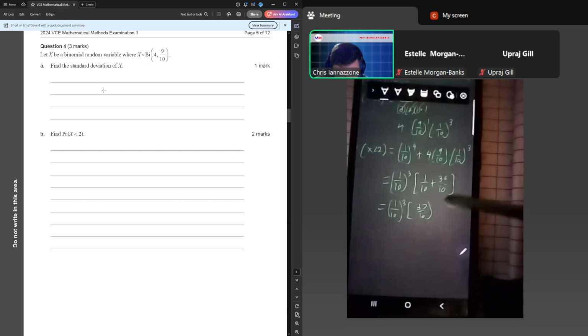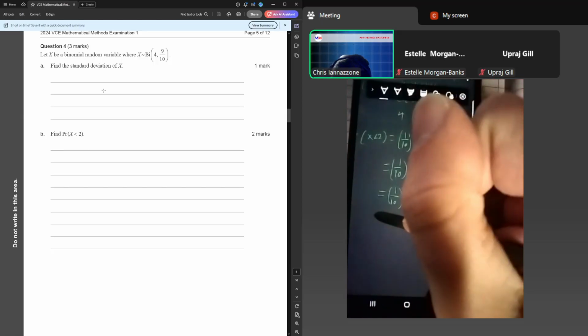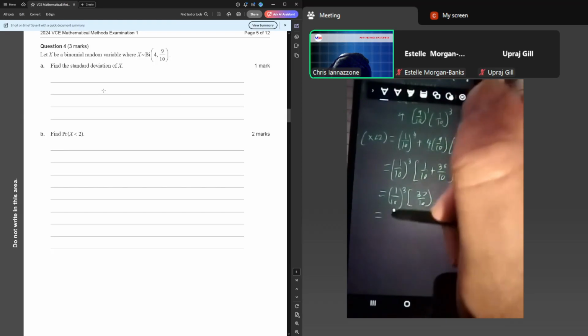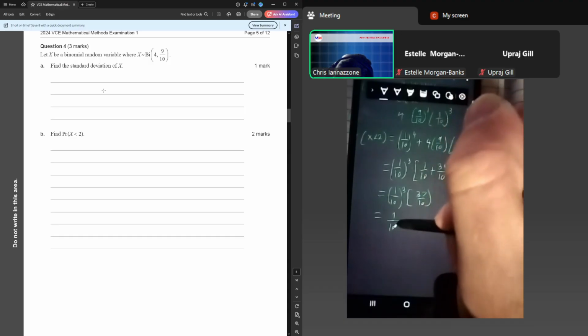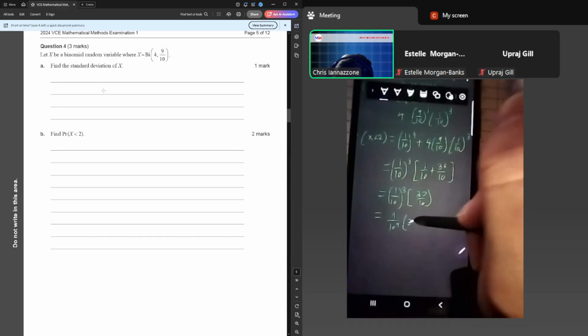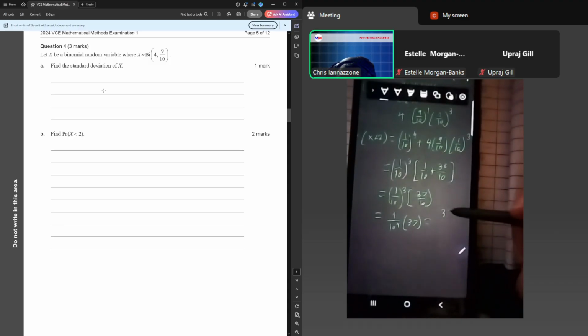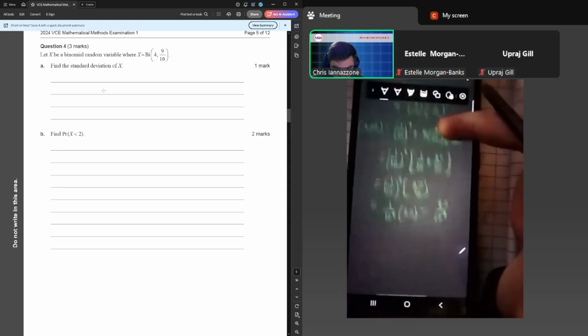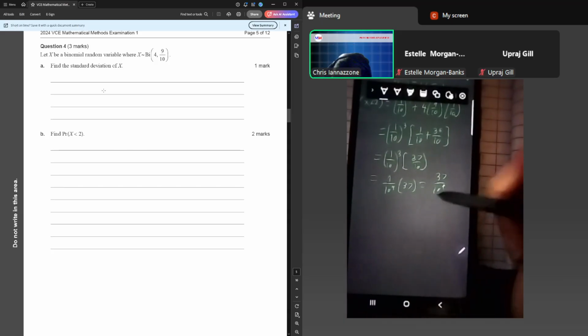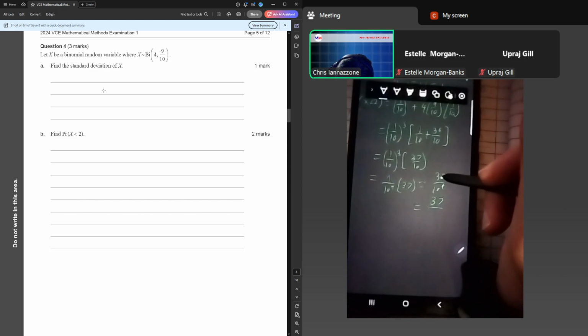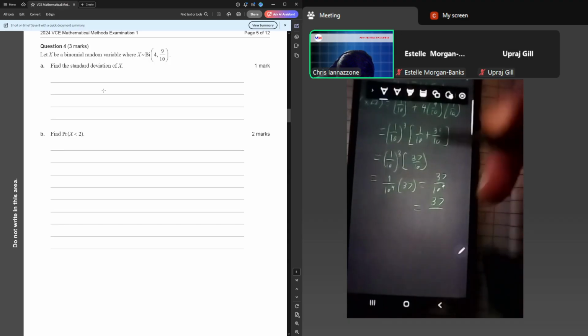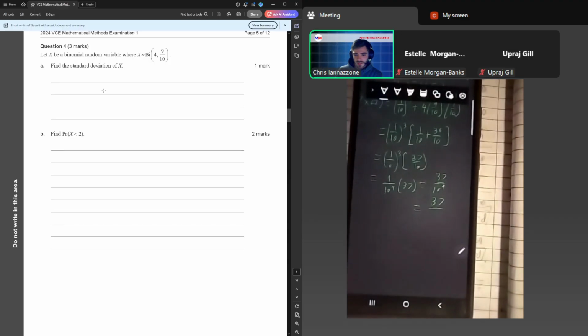You could even go a step further and take out another common factor of 10. So 1 cubed is obviously 1, 10 cubed is 10 cubed. Taking another 10 out, you've got 1 over 10 to the 4 times 37. So you've got 37 over 10 to the 4, which is just 10 with 4 more zeros attached to it. The reason why this is a better way of going about it is because you don't really want to have a massive fraction and then think, how do I simplify it?